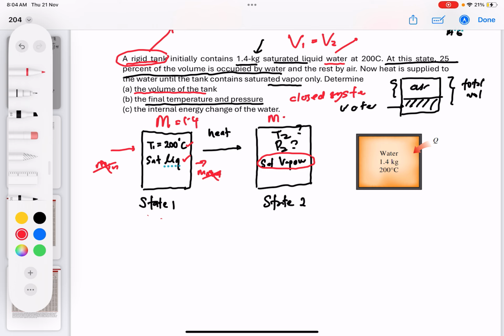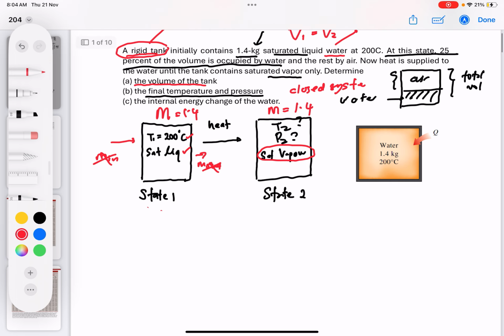For state number 2, the mass is going to be the same. So since I already have the volume for state 2, which is already calculated, I have 0.006476 meter cubed, and a mass equal to 1.4 kg.